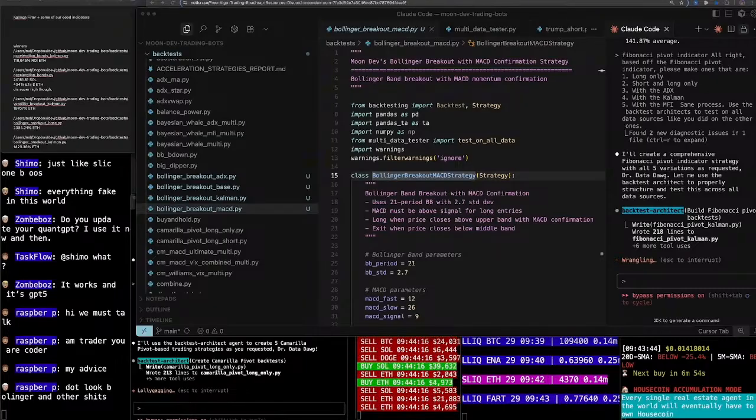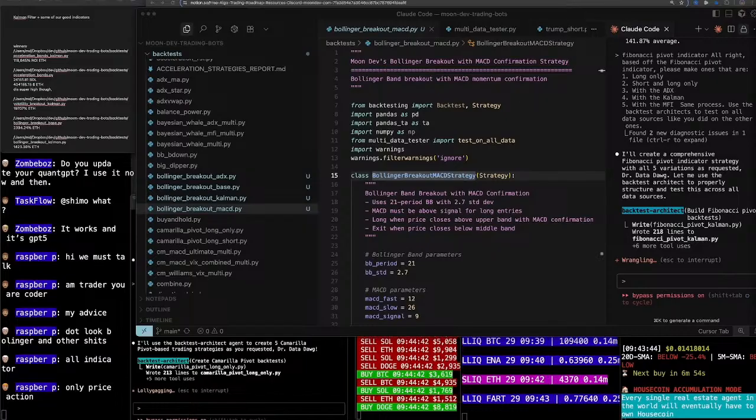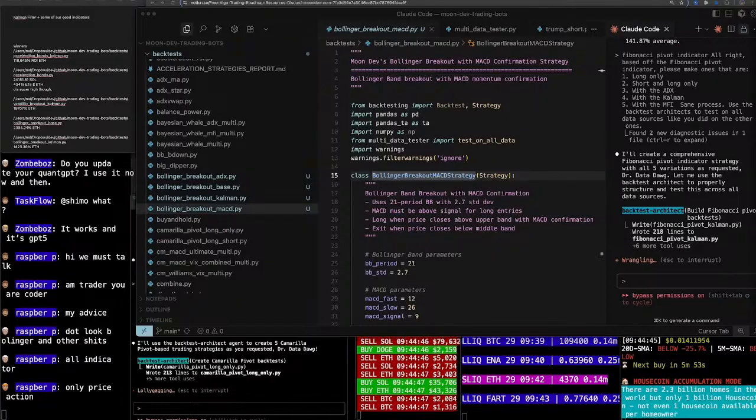Some grade A advice: all indicators are trash. That's biased, but it's fair.